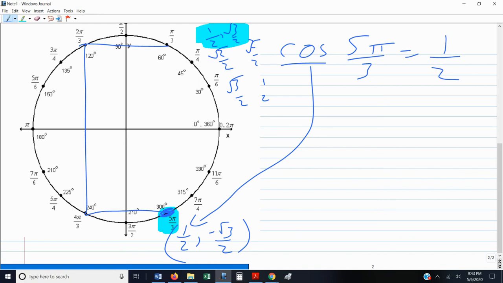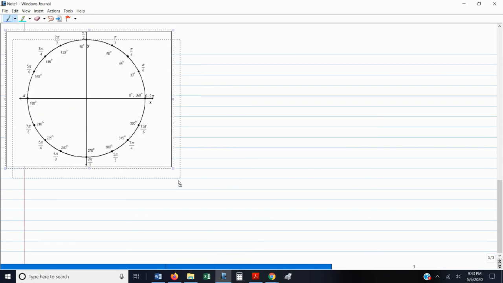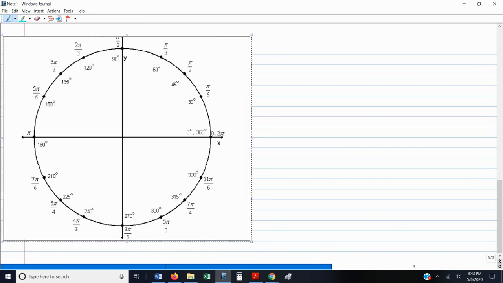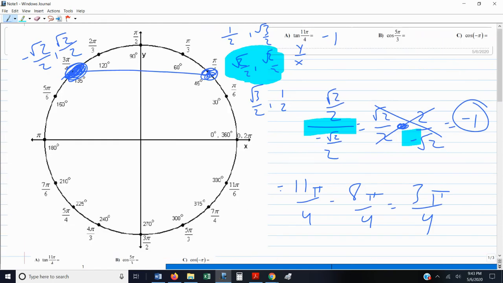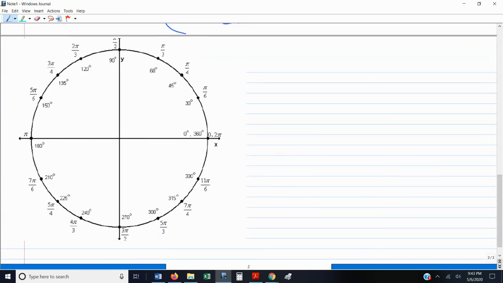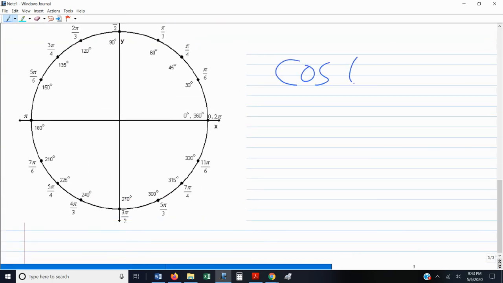All right, and then the very last one, I think, was cosine of -pi. All right, positive pi is going 180 degrees counterclockwise.